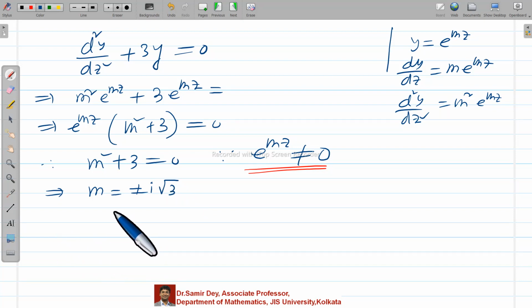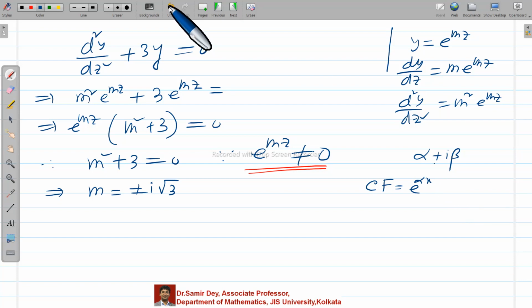Now if I have a complex root, alpha plus minus i beta, what will be the CF? Anyone? Repeat once again. Yes, e to the power alpha x.